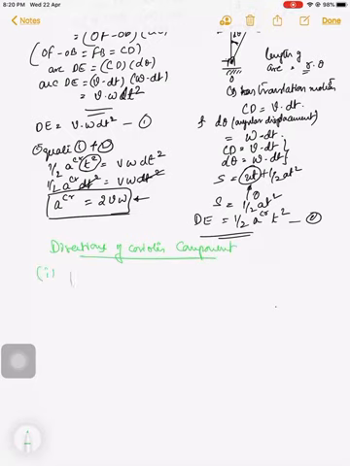Now I'll just consider a link which is fixed at a point, and there is a slider here which is moving upwards with a velocity v, and this link is having an angular velocity omega in the clockwise direction. So for this, the direction of the Coriolis component will be perpendicular to the velocity vector.